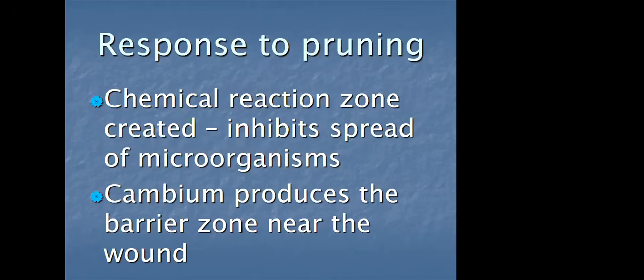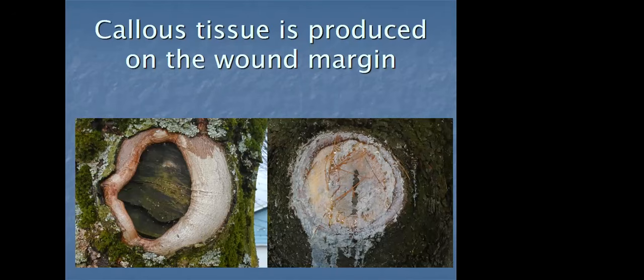Okay. So he talked a little bit about that chemical reaction zone, and you want to make sure that you're making that pruning cut in the right place. This is kind of interesting. This is showing you what happens if you prune and the pruning cut's not quite equal.